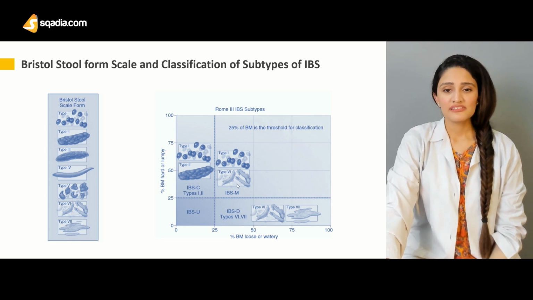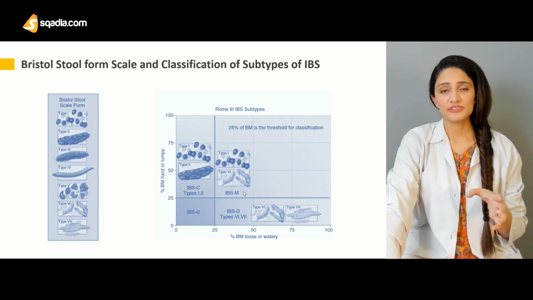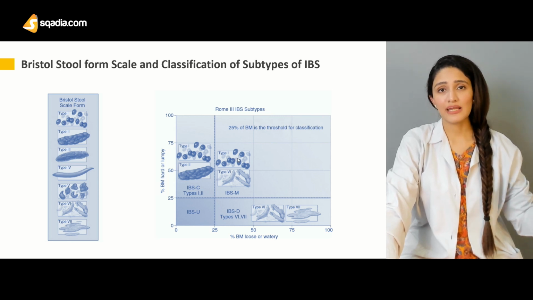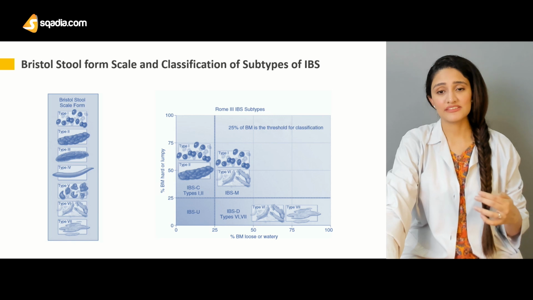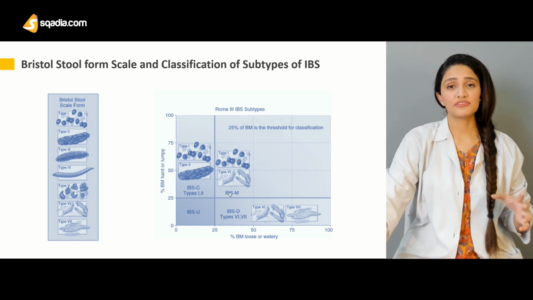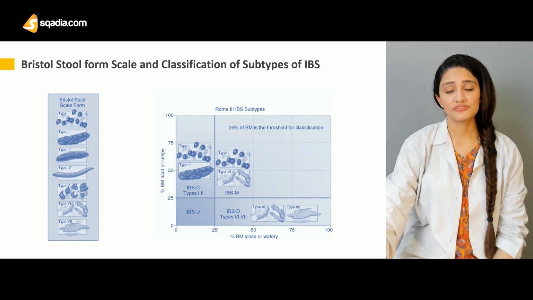And then in the middle, IBS-M, irritable bowel syndrome mixed, which represents the mixed form. So you can see that there is an extreme of the constipated, which is type 1, and then there's the extreme that is type 6. And this mixed form has both the constipated and the diarrhea type of stools.